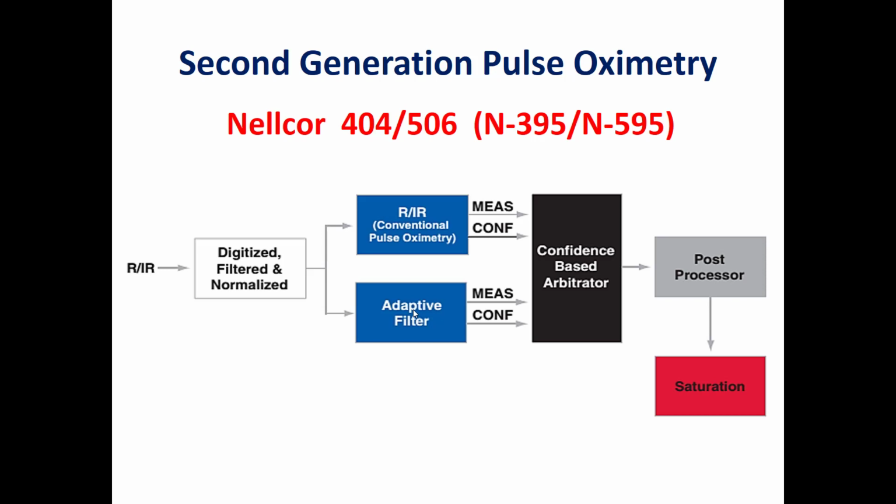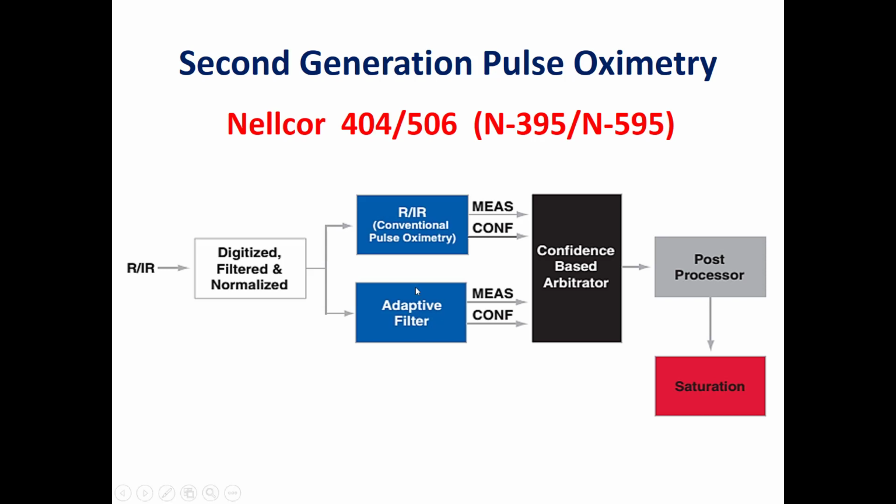For example, in the case of motion, we can easily discriminate between the AC signal from the venous and the AC signal from the arterial, this one being periodic with a specific waveform, and this one non-periodic with a random waveform.